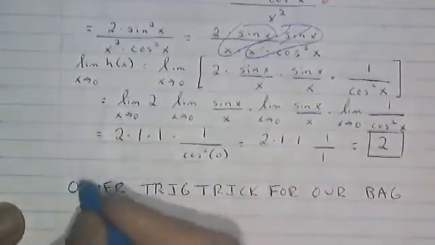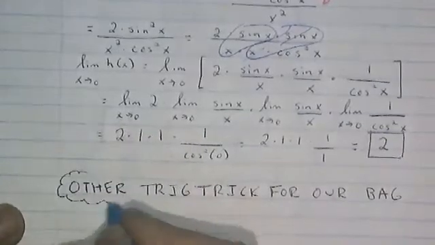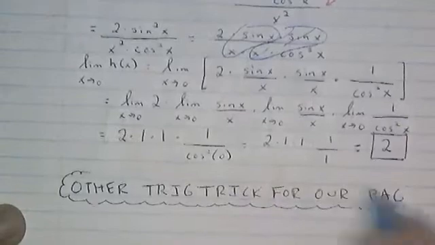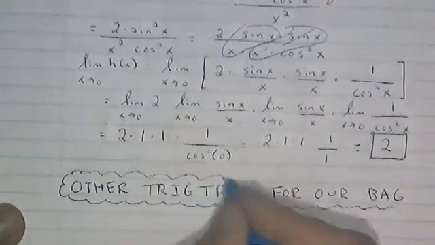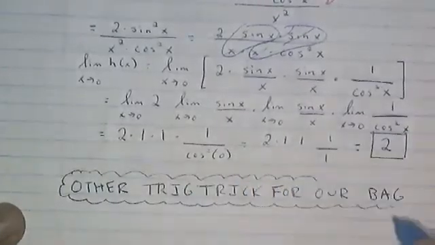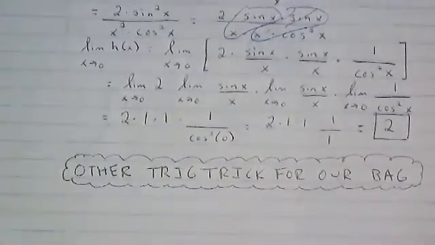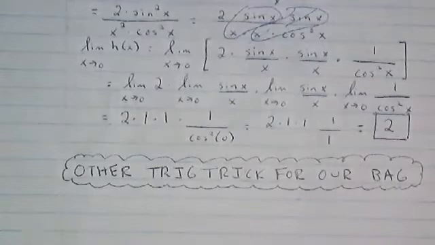The other trig trick for our bag. We've got the one involving sine. It'd be nice to have one that lets us out of sticky cosine situations. And what that one is looks like so.